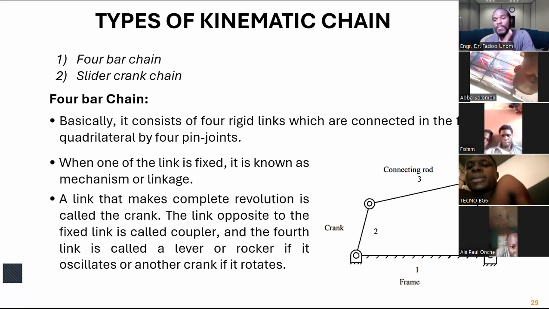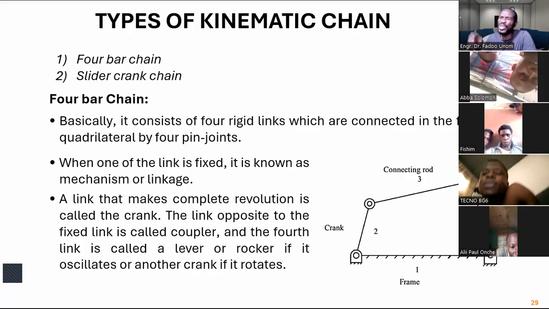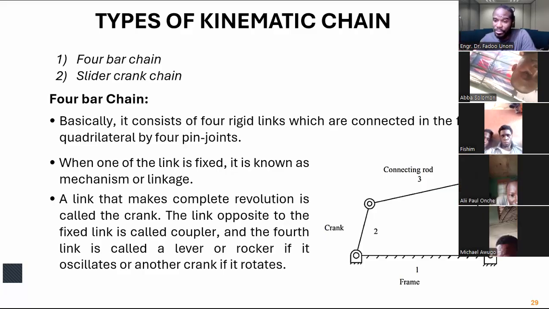If you make one of the links move, we know exactly how the other links move. That is a kinematic chain, right? Now, if one of the links in the chain is fixed, is made rigid, that itself does not move, all the others will move relative to themselves and to it. Then that kinematic chain becomes a mechanism.